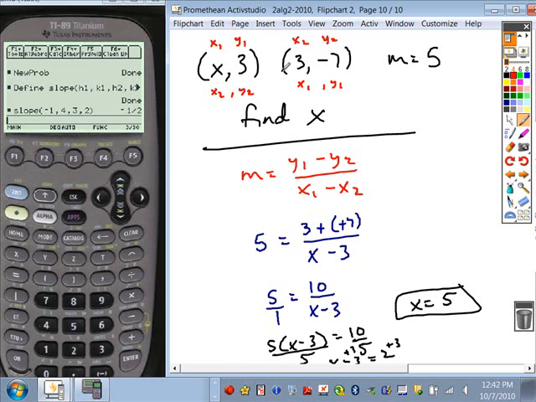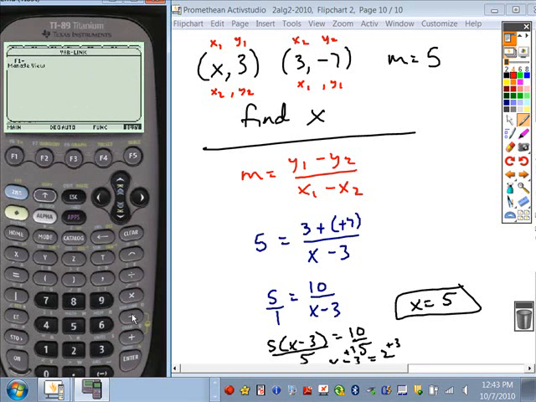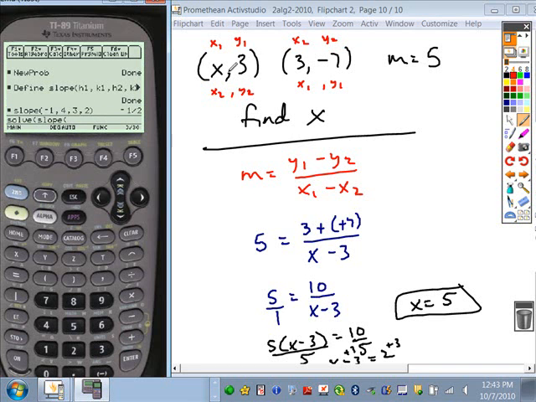It's not a huge, complicated set of steps. But if we use our calculators, we can set it up as the equation. So go to the solver, enter our slope equation, type in our variables.